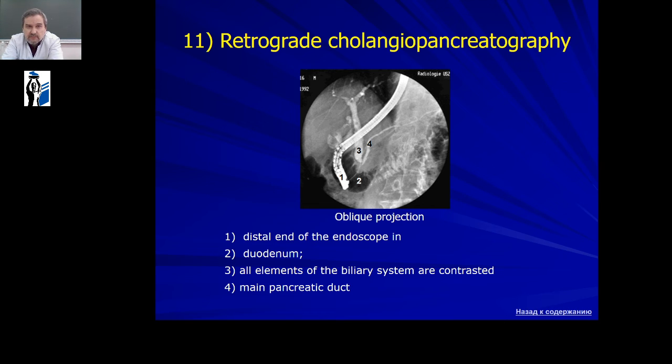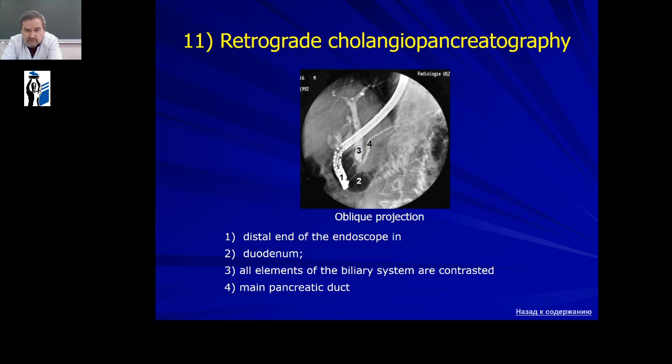The next sample is combined method. It's endoscopic retrograde cholangiopancreatography. In the digit number 1 is distal end of the endoscope in duodenum, and then on 3 all elements of biliary system are contrasted.